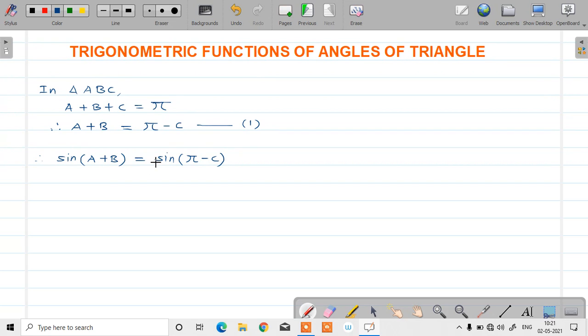Now by the allied angle formula, sin(pi minus C), you know the formula for sin(pi minus theta). Now, pi minus C lies in which quadrant?